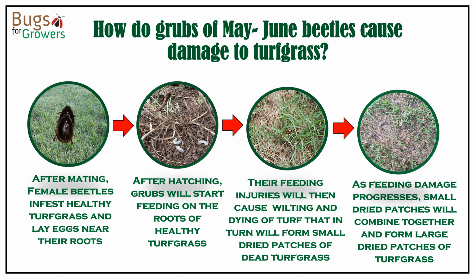As feeding progresses, small dried patches will combine together and form large dried patches of turf grasses, thus reducing the aesthetic value of turf grass all over the lawns and golf courses.